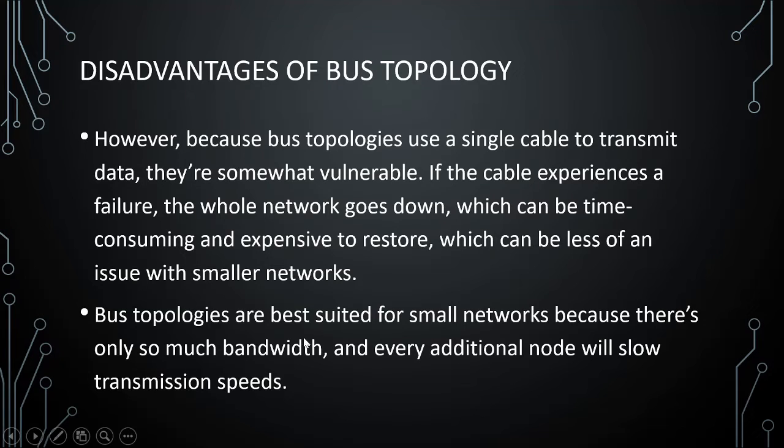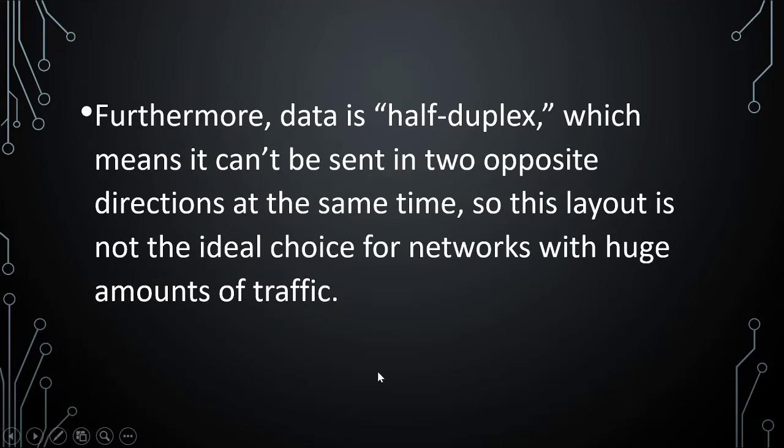So bus topologies are best suited for small networks because there's only so much bandwidth and every additional node will slow transmission speeds. Furthermore, data is half duplex. When one computer sends data and the other one is also sending, they can communicate with each other, somewhat like a walkie-talkie.